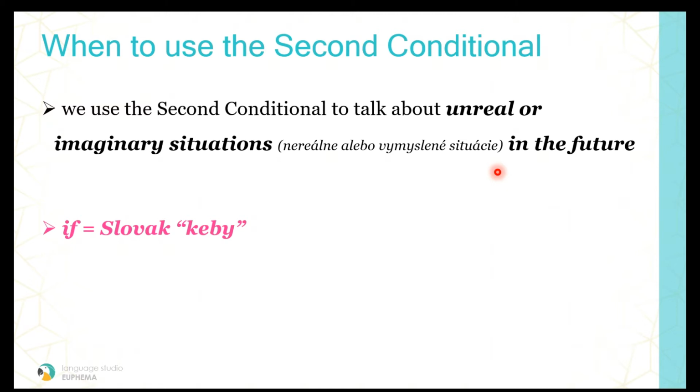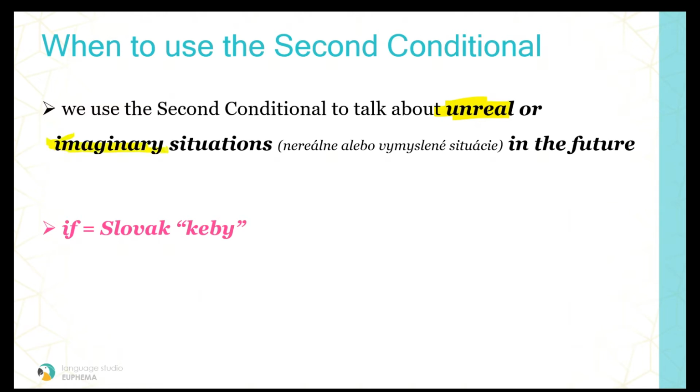While here, with the second conditional, you can see the contrast because now we are talking about unreal or imaginary situations in the future. It means that they are very unlikely, very improbable to happen. It's not probable that they will happen in the future. So remember, unreal, imaginary situations in the future.